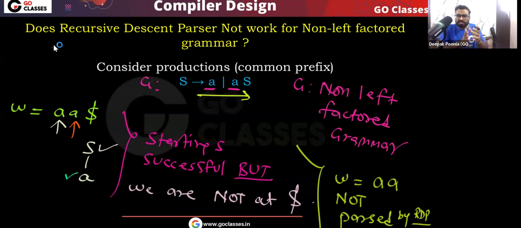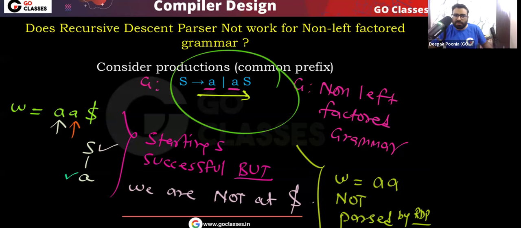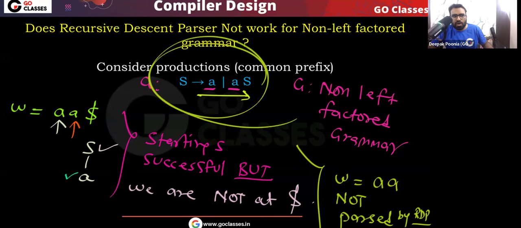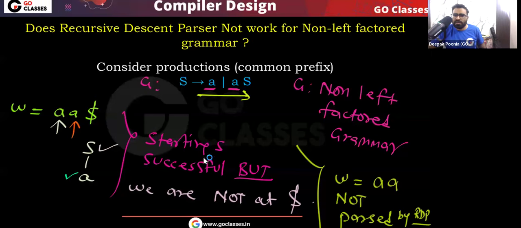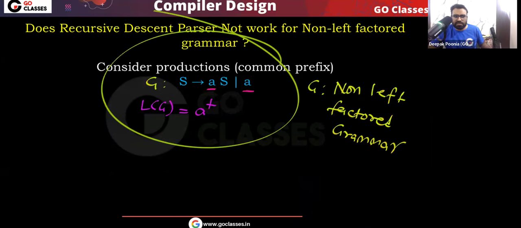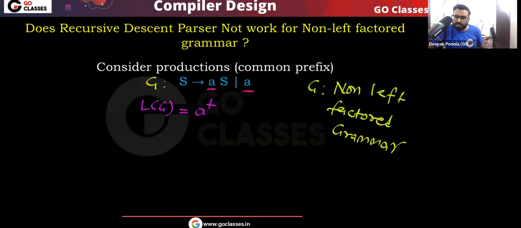Did you notice this interesting thing, that the recursive descent parser for the same grammar can behave in a different way if you just change the order of the production? So if the order of production is this, then the recursive descent parser will not work for this grammar. But if you change the order of the production, then the recursive descent parser is able to parse.